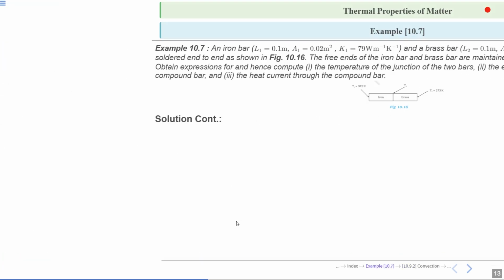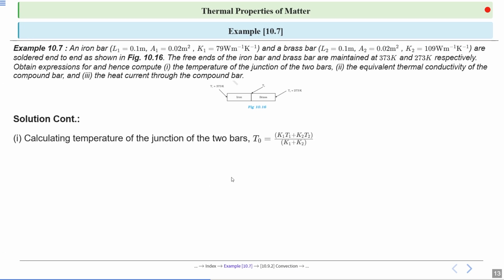Now, using all the calculated terms, we will put in the numerical values. So first, calculating the temperature of the junction of the two bars, that is T naught. We know T naught equal to (K1 T1 plus K2 T2) divided by (K1 plus K2). So just put the values of K1 T1, similarly K2 T2.